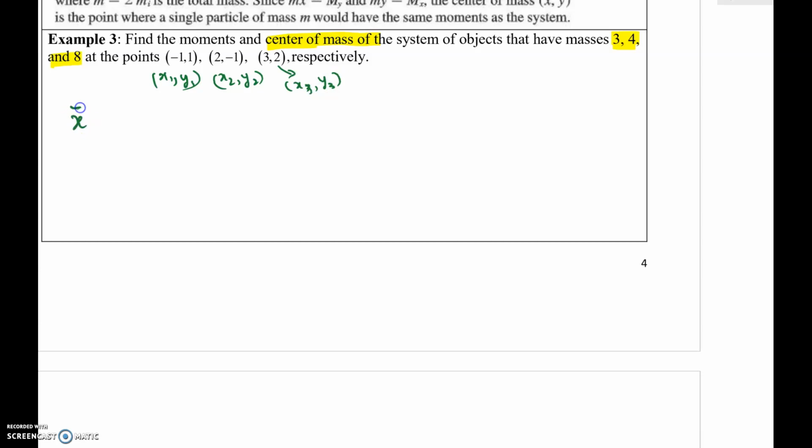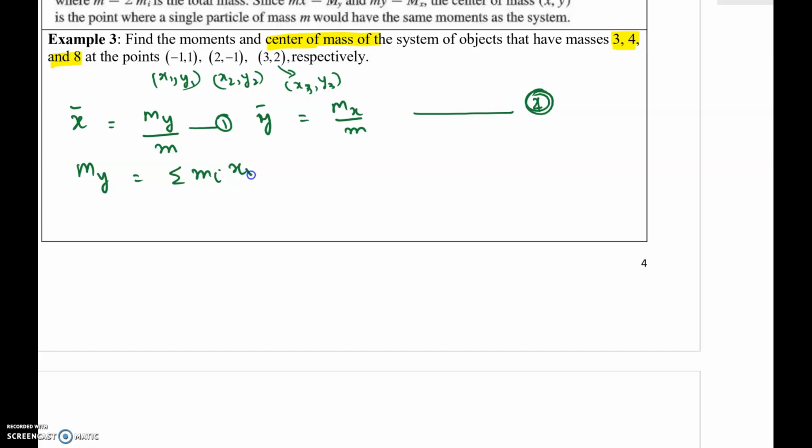So using the formula we found, we need to find x bar and y bar. X bar is the moment about the y-axis divided by the total mass, and y bar is the moment about the x-axis divided by the total mass. So we have to find these two values. Let's start with the moment about the y-axis, which is sigma mi xi, so m1 x1 plus m2 x2 plus m3 x3.